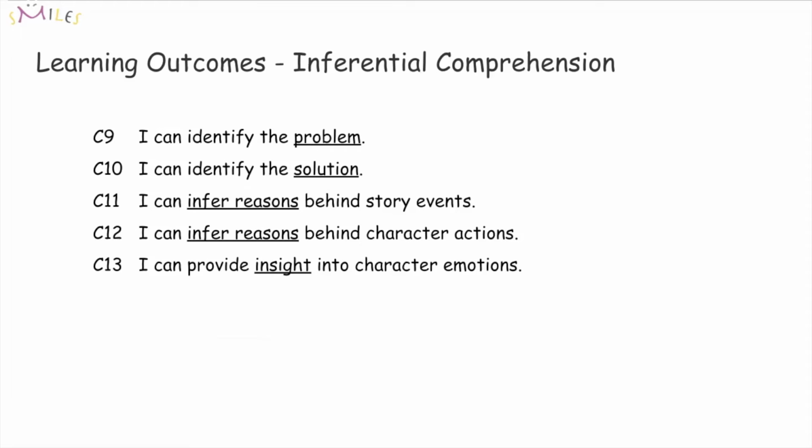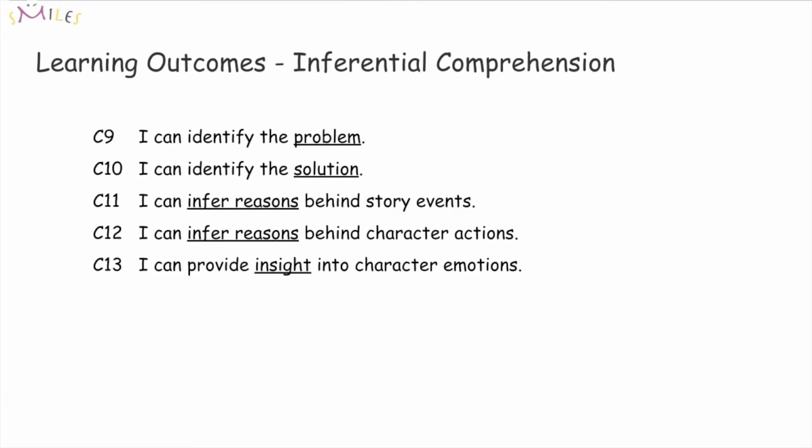Inferential comprehension refers to understanding that is arrived at through inference and reasoning. These are questions whose answers are not explicitly stated in the narrative of the story. They require deeper analysis.